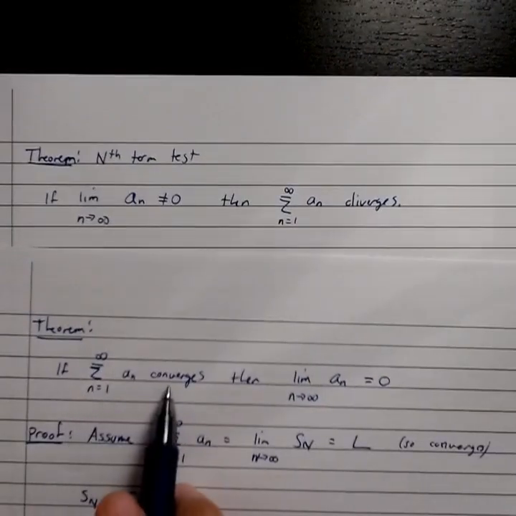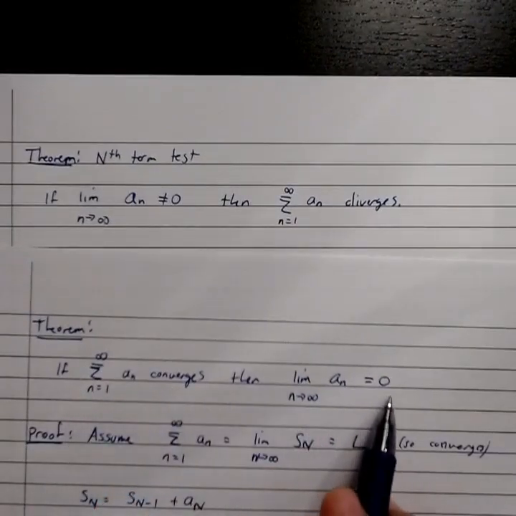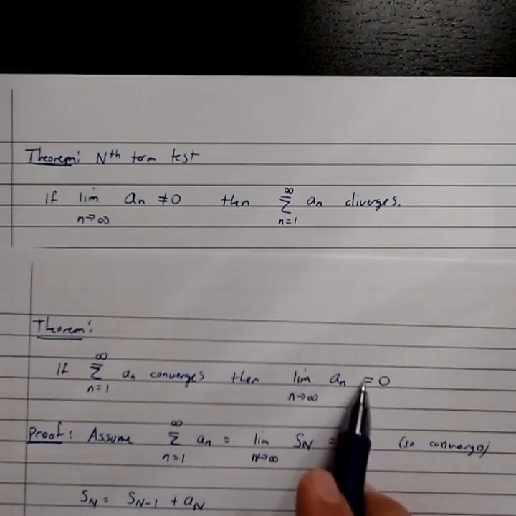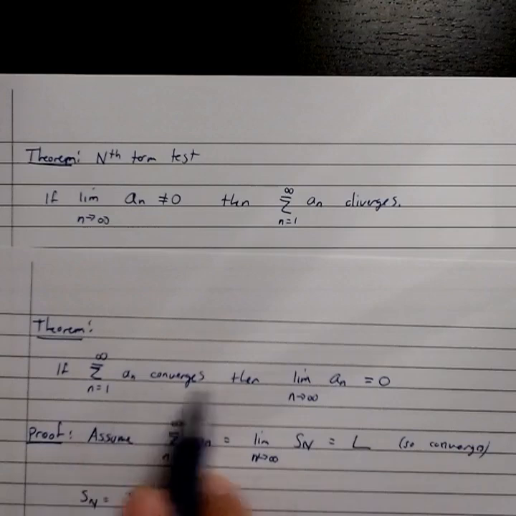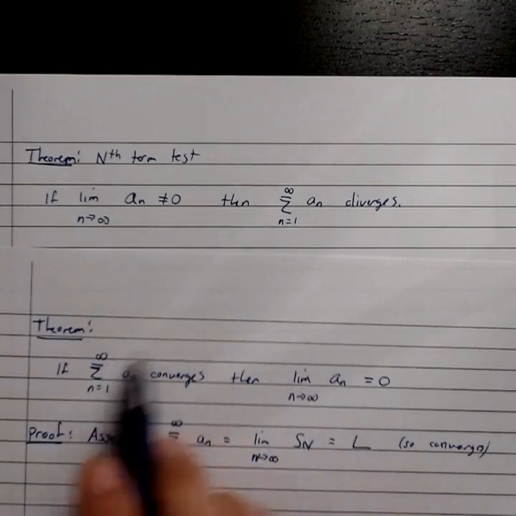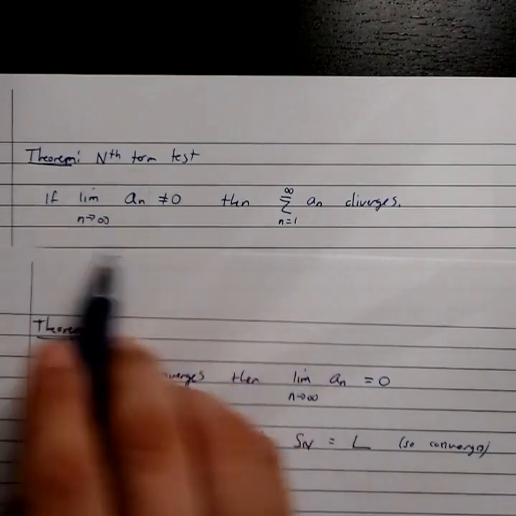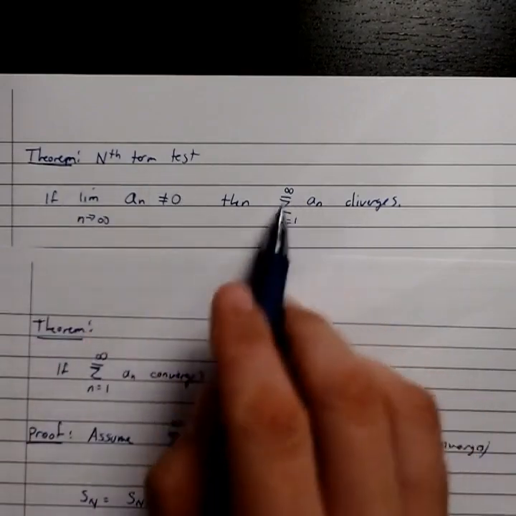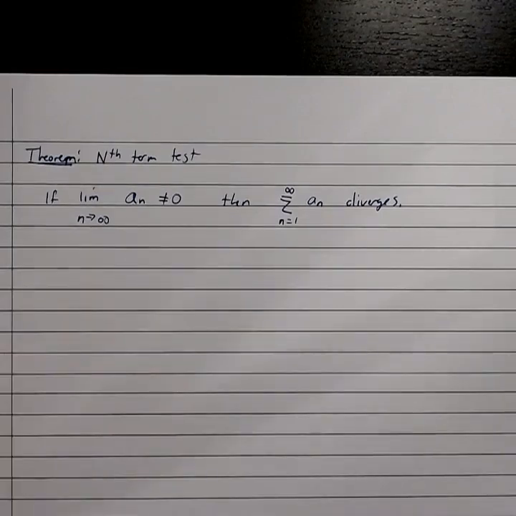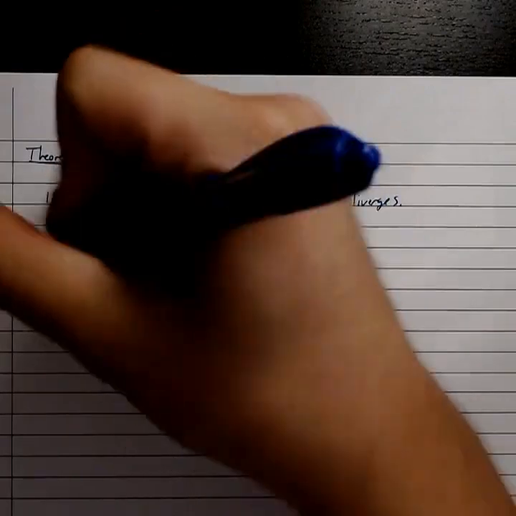If this converges, then this limit's equal to 0. So what if this limit's not equal to 0? Well, then it must not have been that this converged. So if this is not equal to 0, then this does not converge. Oh, so then it diverges. All right. Here, we don't really need to prove that. That really follows directly from the previous statement.